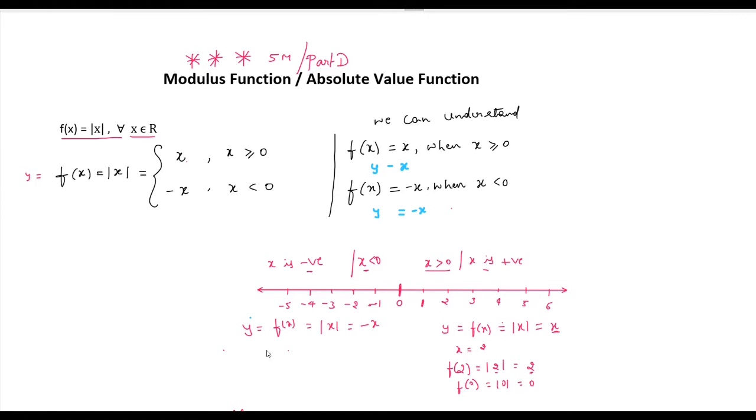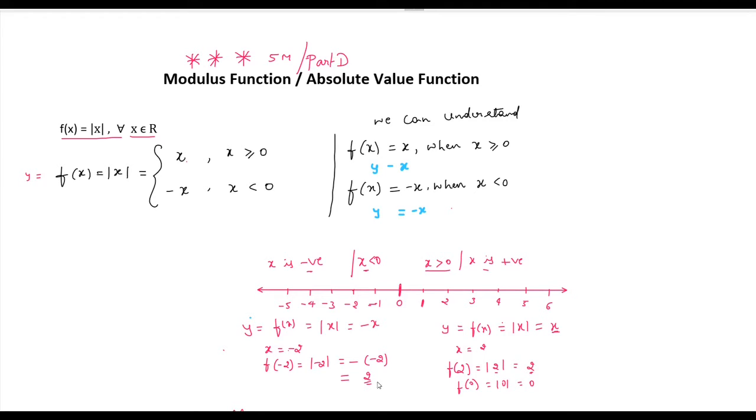Why is it minus x? That is because if x happens to be minus 2, f of minus 2, that is modulus of minus 2 is equal to, how is it defined? Minus x, right? So minus of x is minus of minus 2, it is plus 2. So even if the x is negative, the value is plus 2.